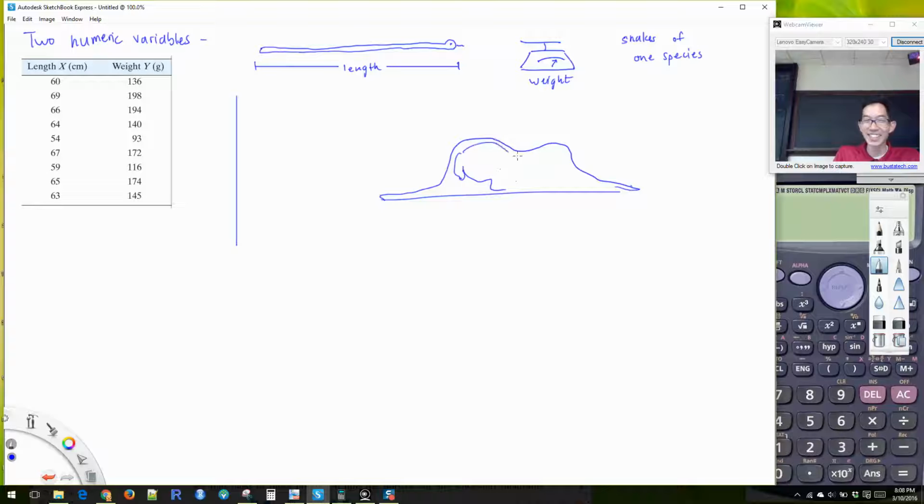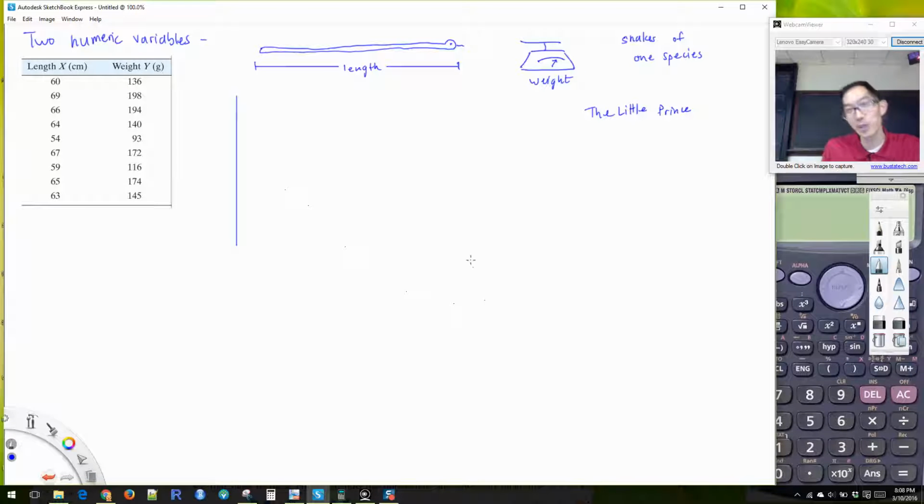I can't draw an elephant in here, but all right. The Little Prince, an excellent book by that French guy. Have you read it? You've heard of it. That's not your homework, but homework for life, okay?